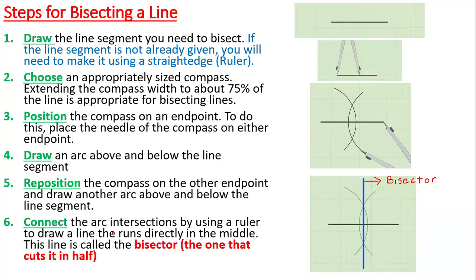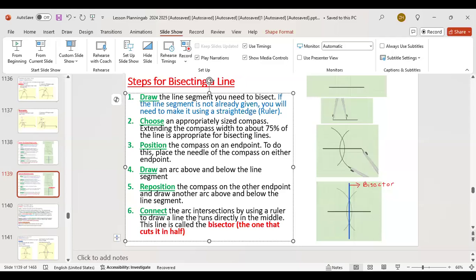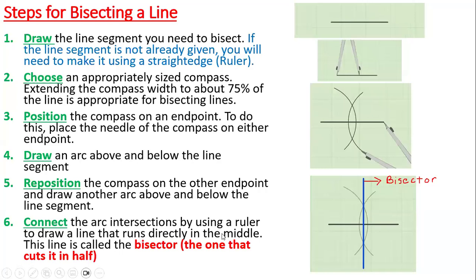Is that supposed to be that? Which one? Number 6. Connect the arc intersections by using a ruler to draw a line. That, yes, that's correct. Good. Go ahead. That runs directly in the middle.